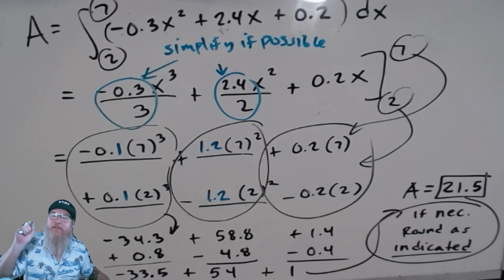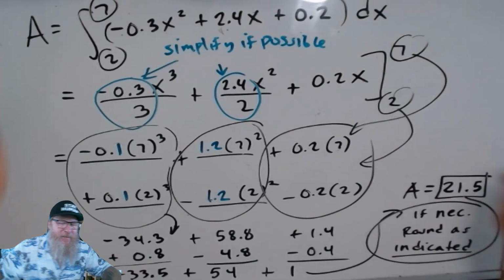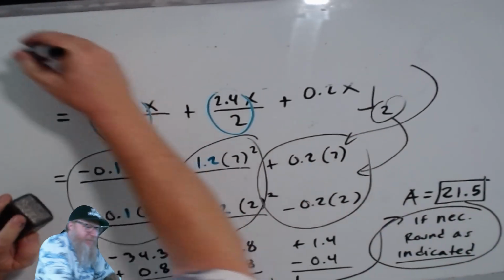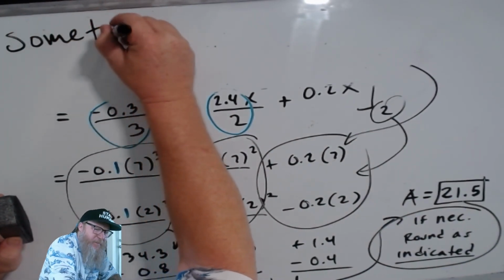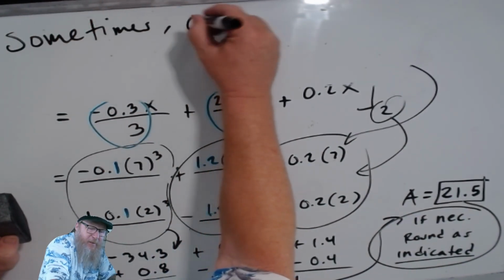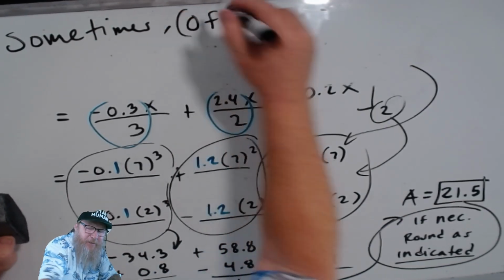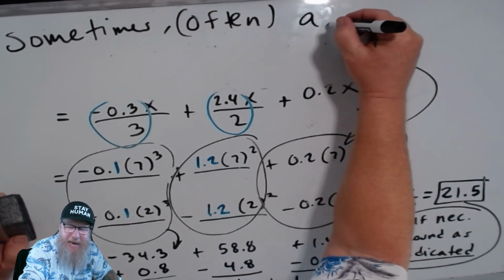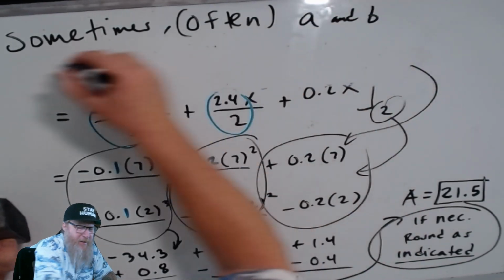What made this one so easy was that the A and B is already given. So sometimes, in fact, often, A and B are not given.